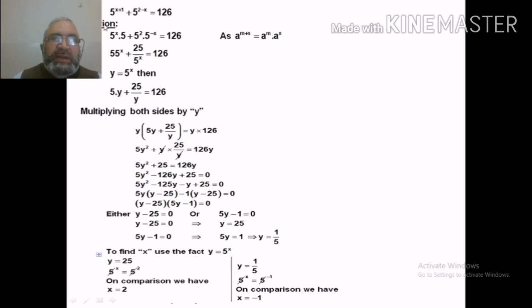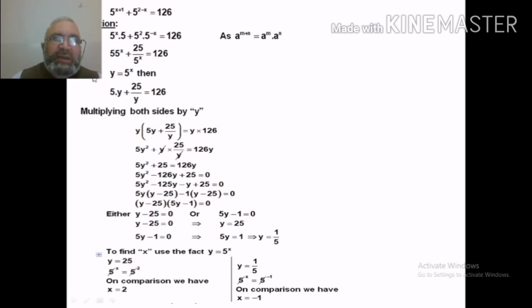So we split this into two terms, two factors: 5 power x into 5 plus 5 power 2 into 5 power minus x is equal to 126. So this becomes 5 into 5 power x, the constant written first, just like a coefficient.